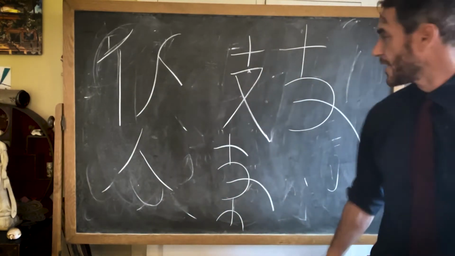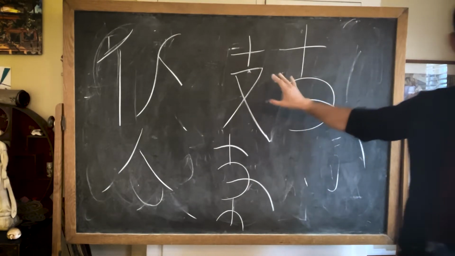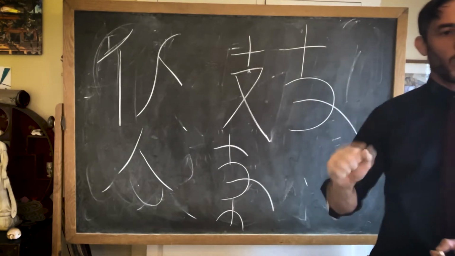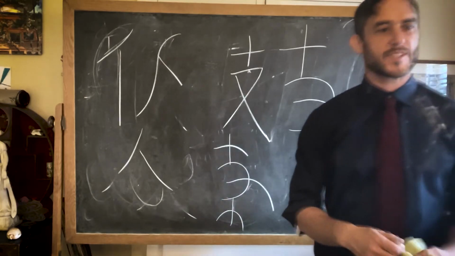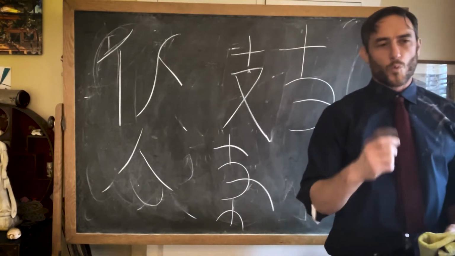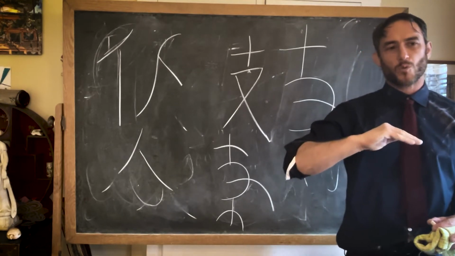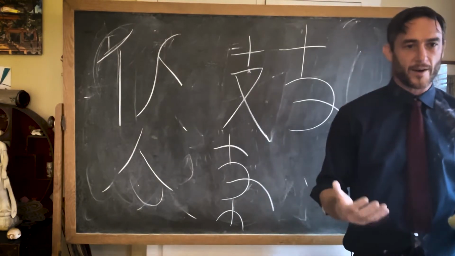In my mind, and from what I've seen of how this part is used in other characters, it looks like a hand holding a tool of some kind. So when you think about a human's technical skill, the use of tools allows us to step far forward of what we could do with simply our bare hands.